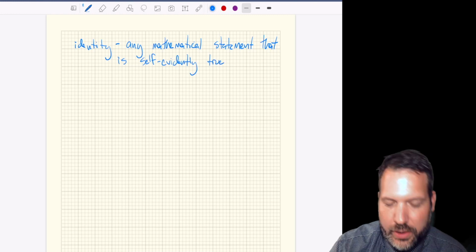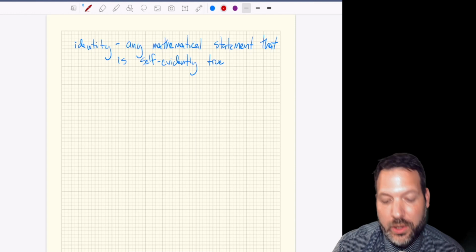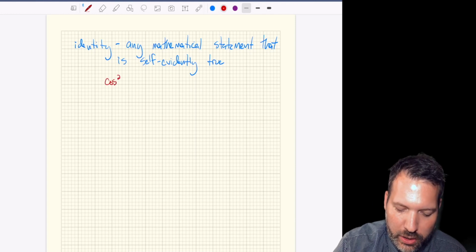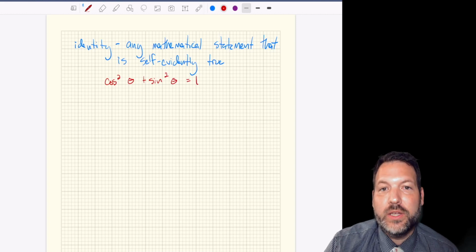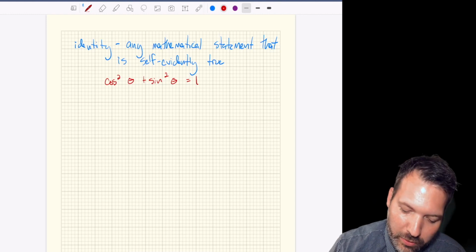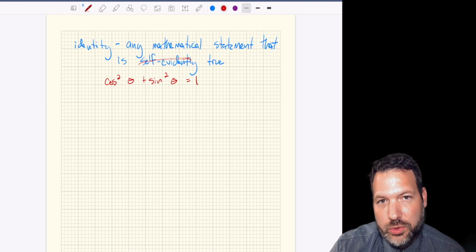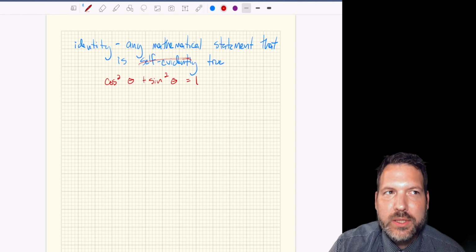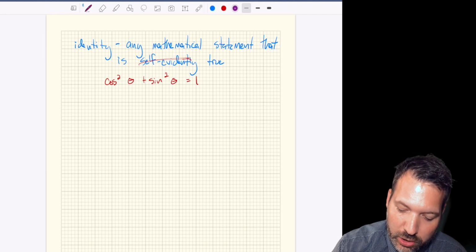But as I've thought about that, it's really not quite right, because when you get to trigonometry in a few years, you're going to be looking at a statement like cosine squared theta plus sine squared theta equals 1. While this is definitely true, it's not the kind of thing I would call self-evidently true. So instead, we want a mathematical statement that we take to be true on its own and that illustrates a relationship.